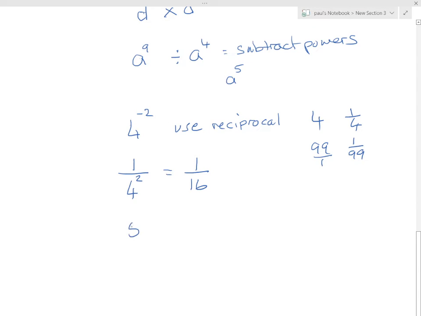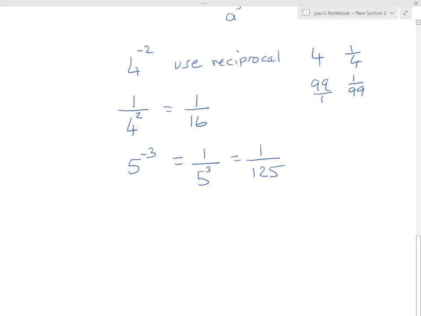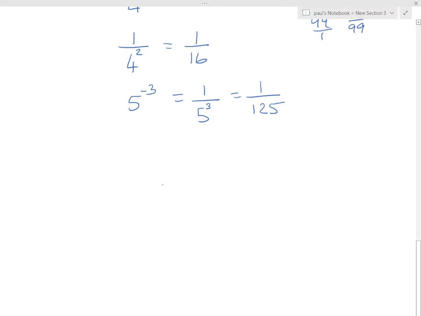So 5 to the minus 3 will be equal to 1 over 5 to the 3, which is cubed, which equals 1 over 5 times 5 times 5, which is 125. So if you're using algebra and you've got x to the minus 4, that would equal 1 over x to the 4, and you cannot go any further unless you know what x is.